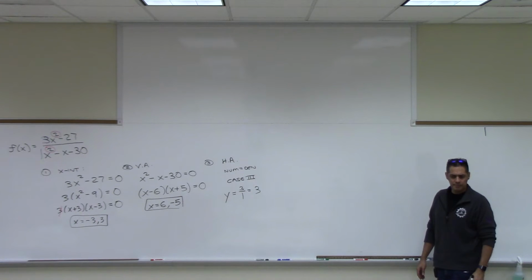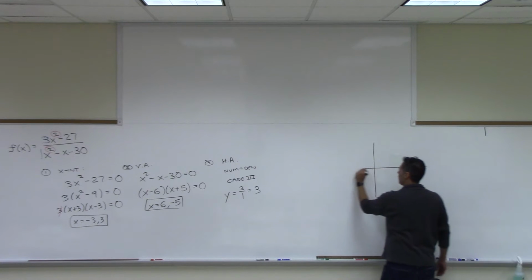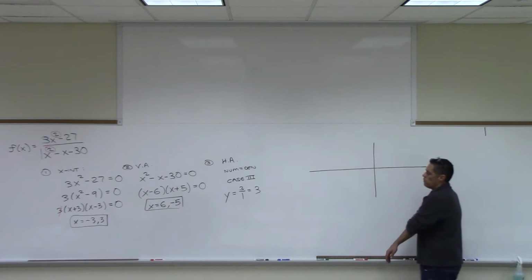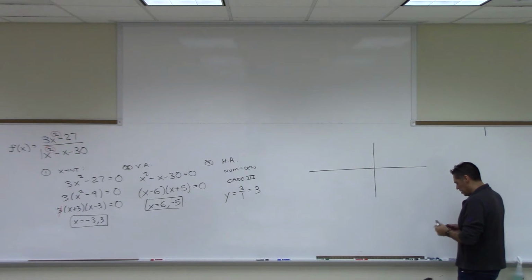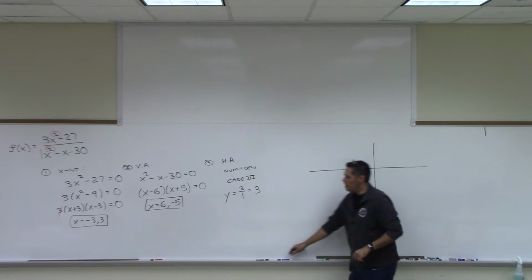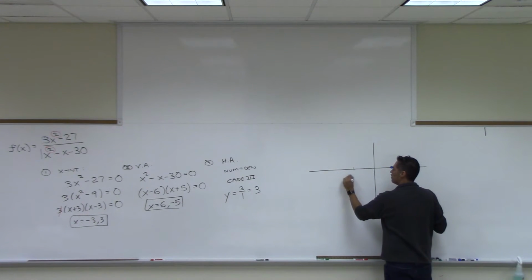Picture time? Picture time. Starting with my x-intercepts, -3 and +3. Here's 3. Here's -3.